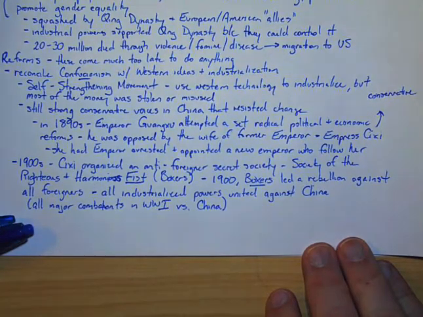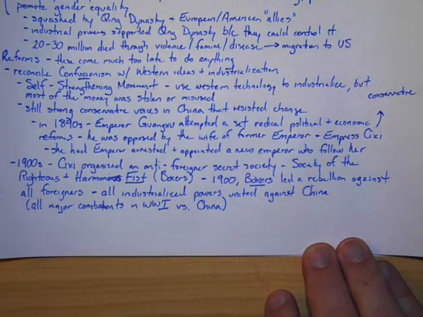So both sides of World War I, the United States, Great Britain, France, Germany, Italy, Japan, all of them are going to fight against China. And China is going to get blown out of the water.